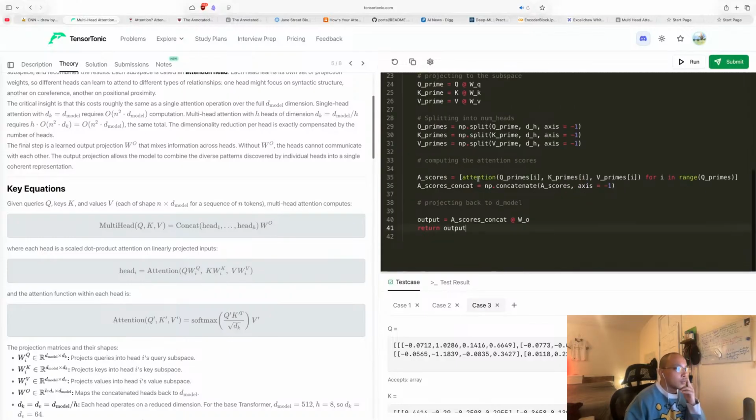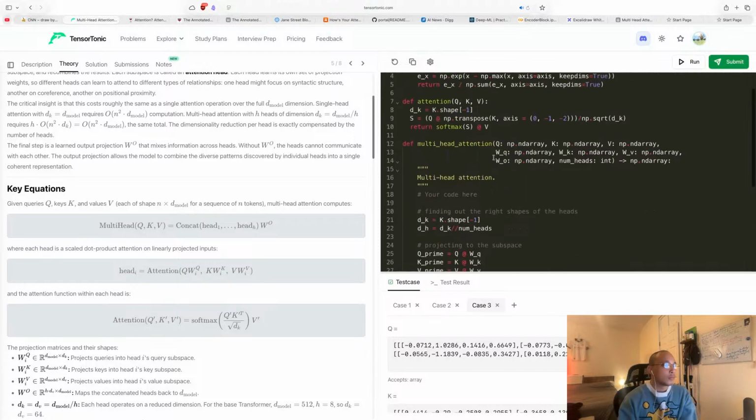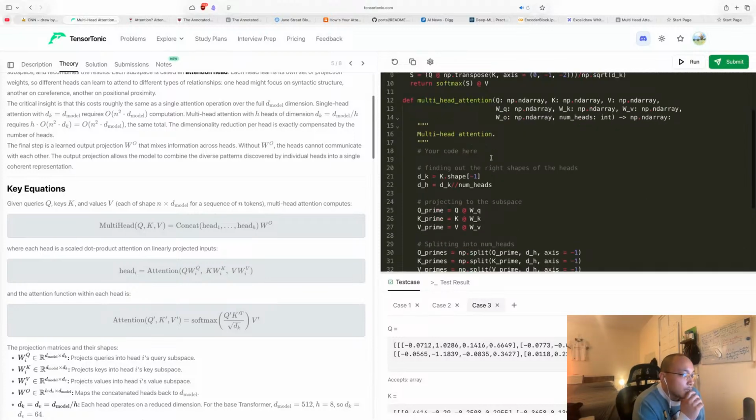Let's see. Oh. Yeah, you first find the shape. That makes sense.